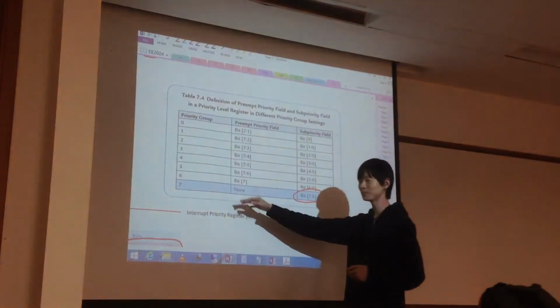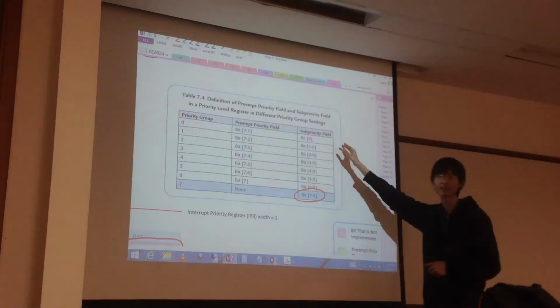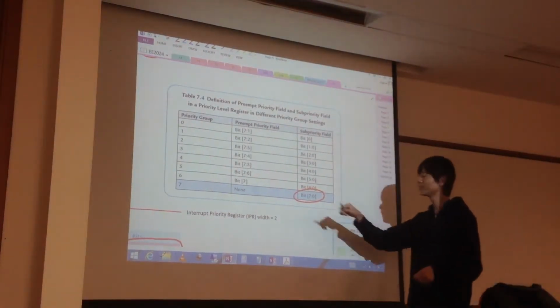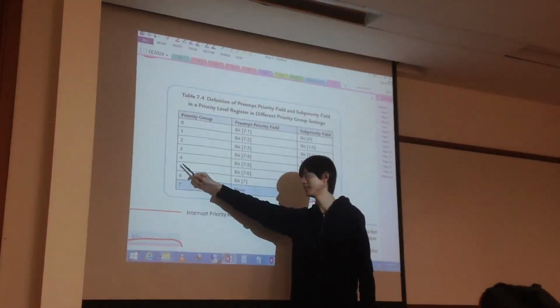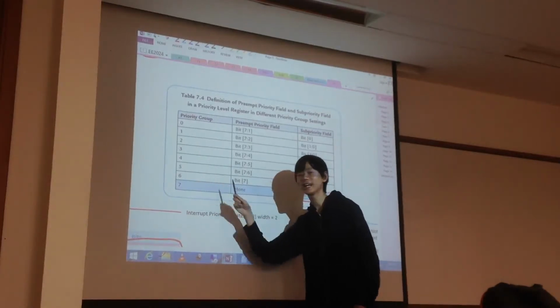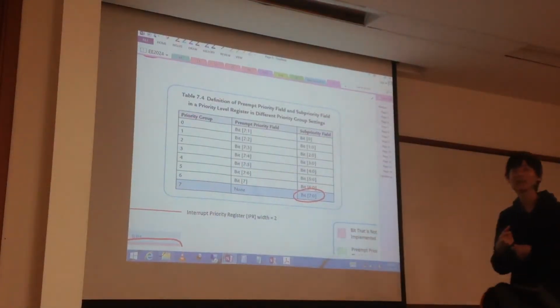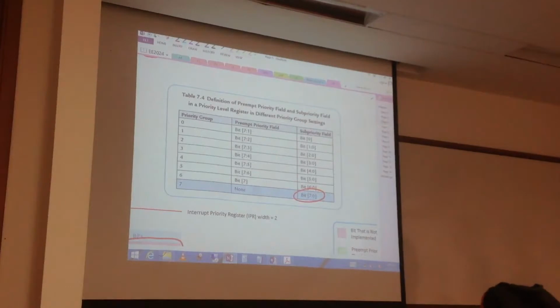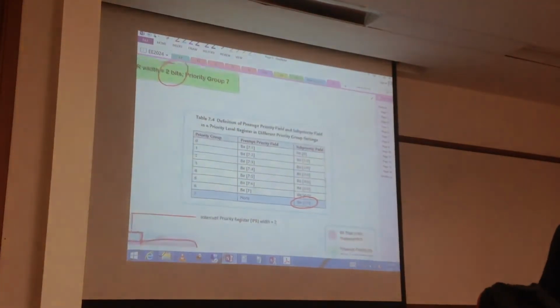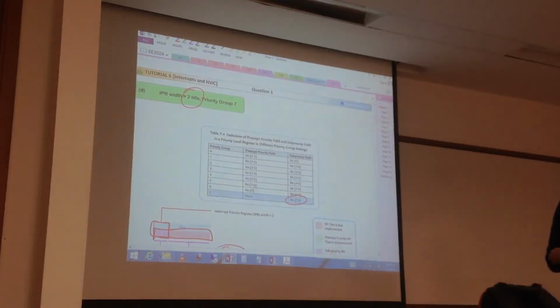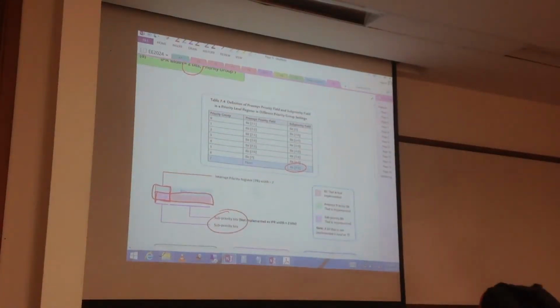Priority group 7 simply means bits 7 to 0 are priority. You just look at the group number, and it means anything below that is priority. I think it should be given, and it's easy to memorize anyway. But if you need to memorize so many tables, then it is difficult. I hope it will be given.